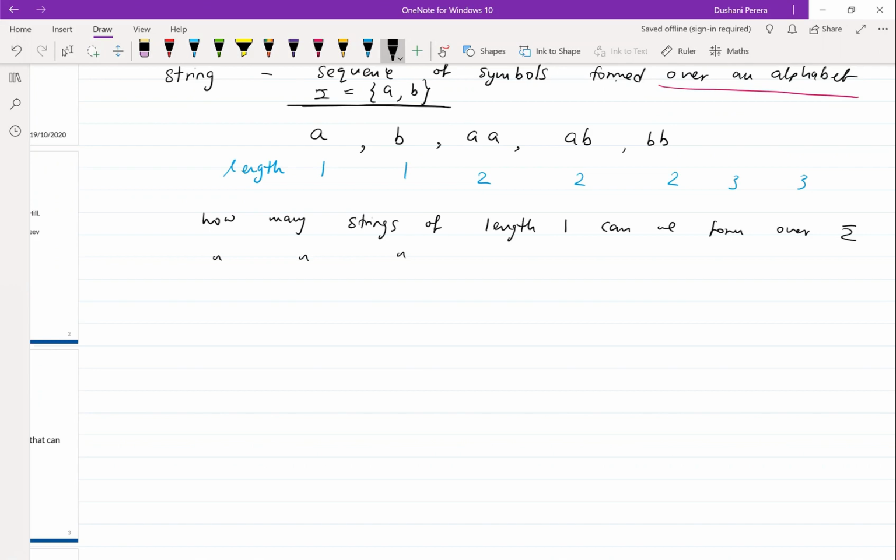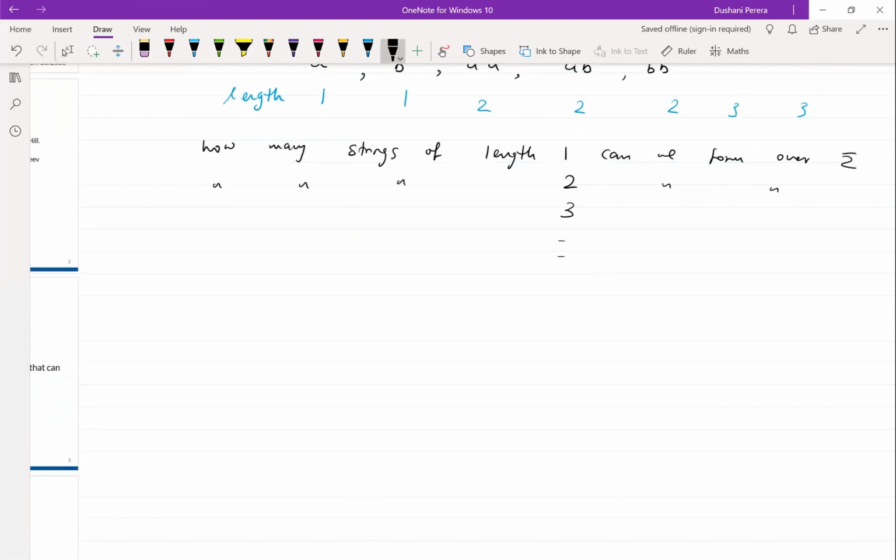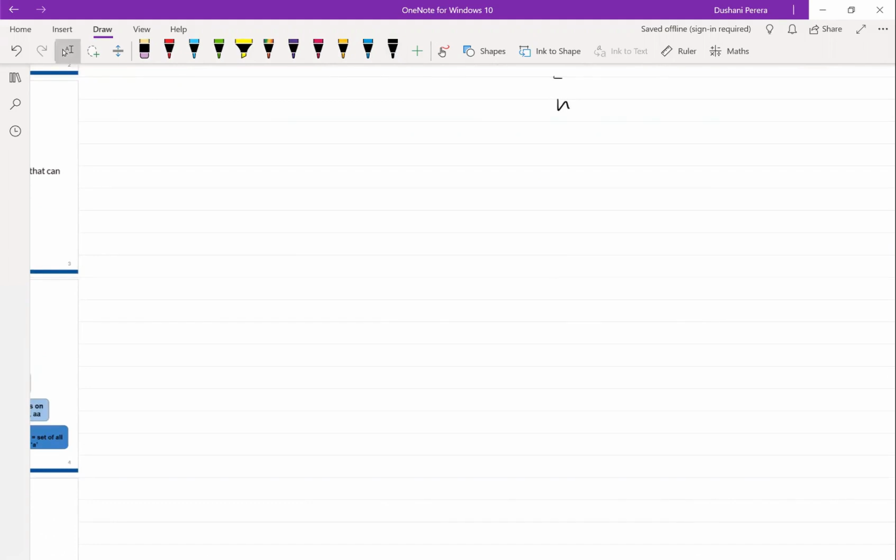How many strings of length 2 can we form over sigma? How many strings of length 3 can we form over sigma? How many strings of length n can we form over sigma? This is a question that we might get. Now let's see how we can answer this. First, let's see if our alphabet sigma is {A, B}.